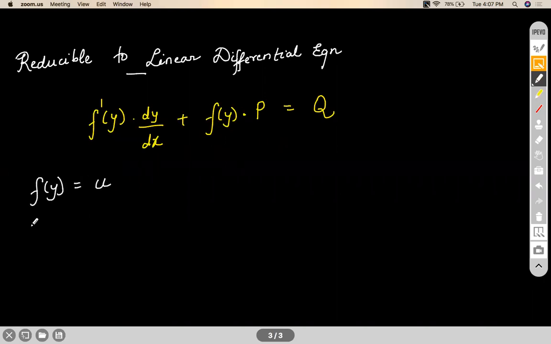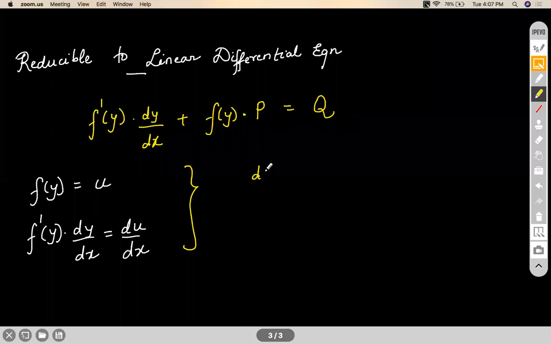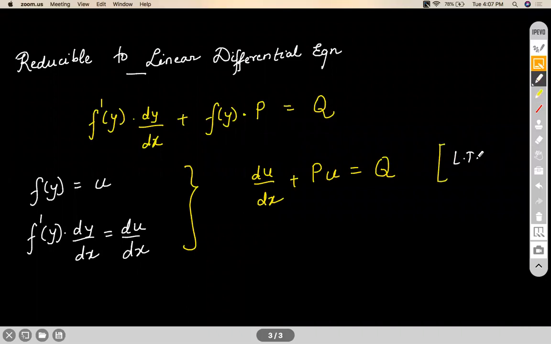So as a result, what happens? You differentiate both sides with respect to x. So f dash y into dy by dx starts behaving as du by dx. So this entire differential equation gets converted to du by dx plus Pu equal to Q. Now it has become a case of a linear differential equation, and we can follow our usual approach to solve this.